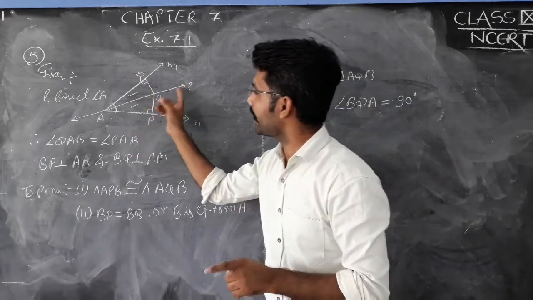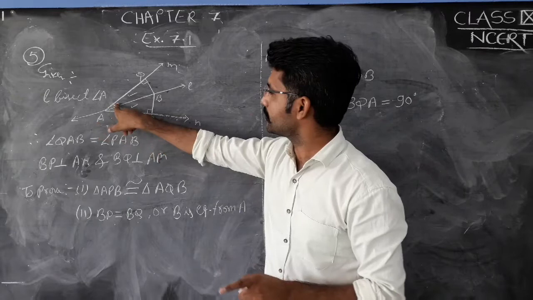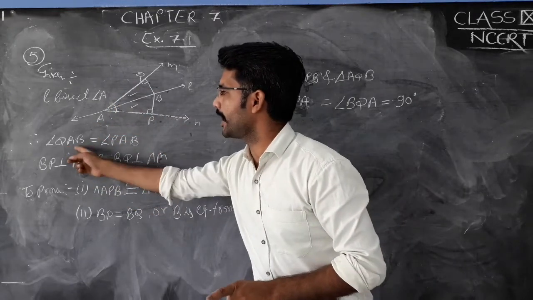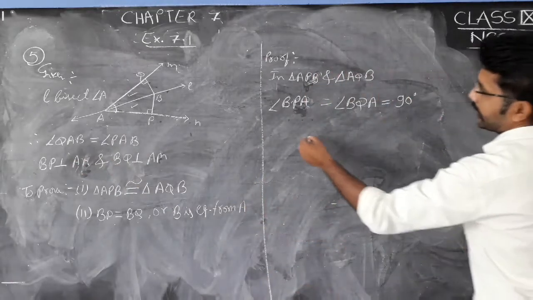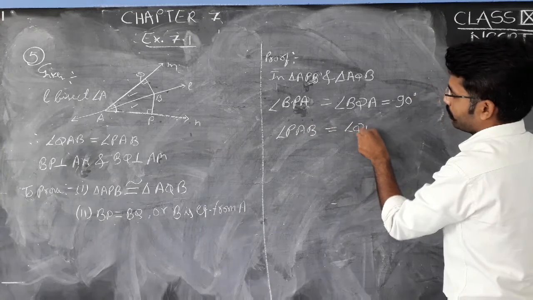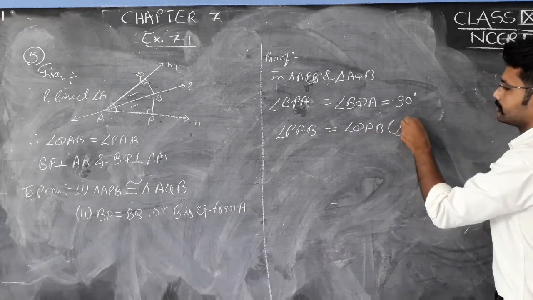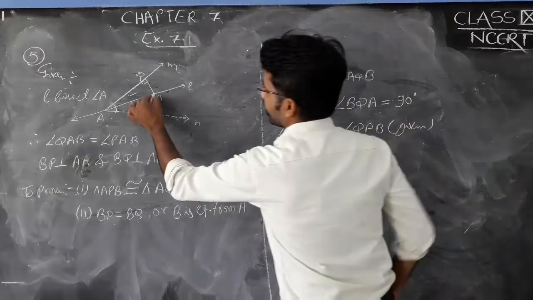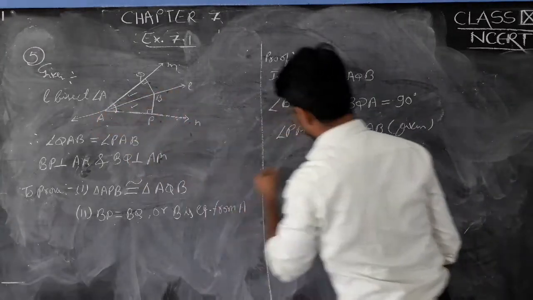Secondly, they told that line L is bisecting angle A, so these two angles would be equal. Here we have written angle QAB and angle PAB. Angle PAB would be equal to angle QAB. It is given. Third thing, after taking two angles, side AB is common.